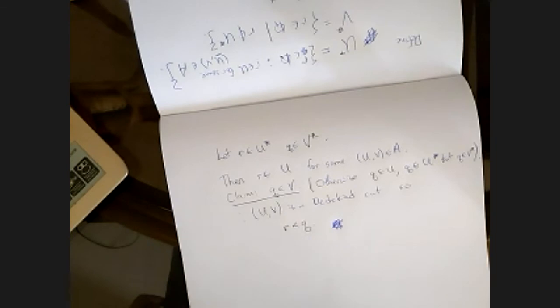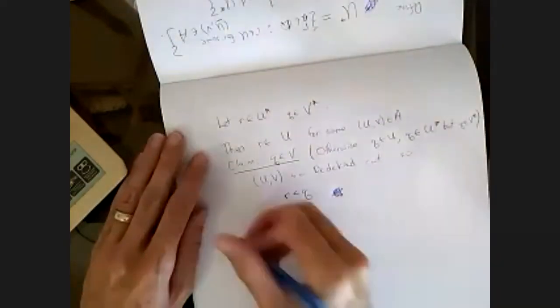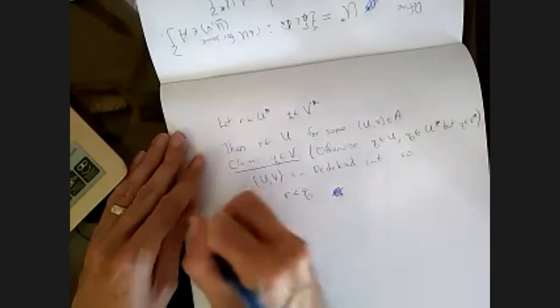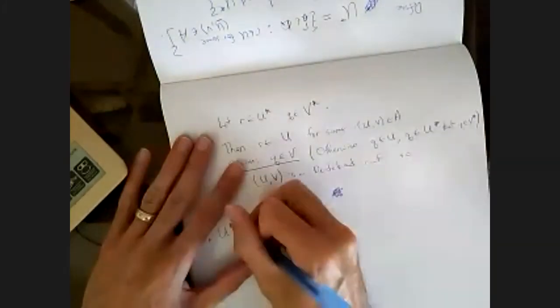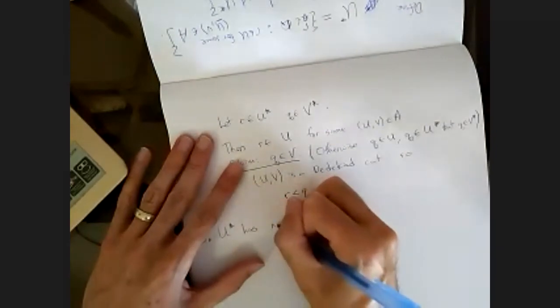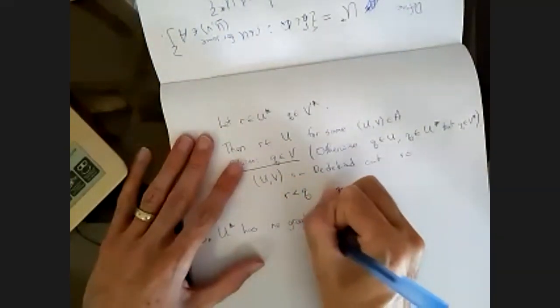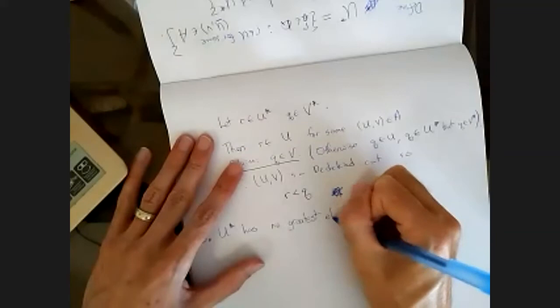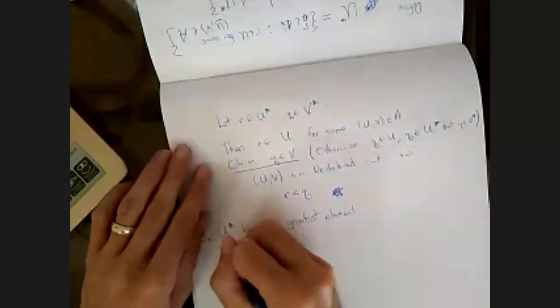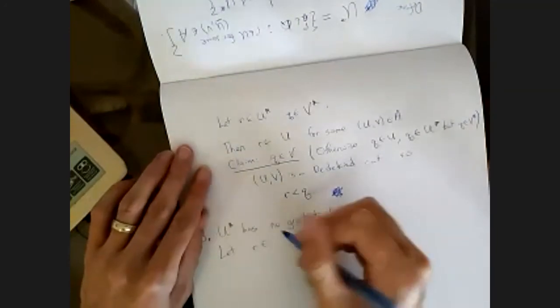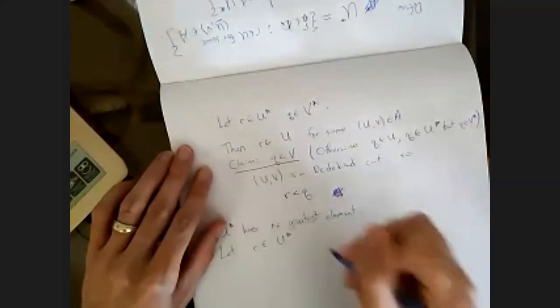We need to show that we have a Dedekind cut, which means we need to show that U star has no greatest element. So this would be like the third or fourth point, I forget. You need to show that U star has no greatest element. Then we will have a Dedekind cut. Okay. So let R be in U star.